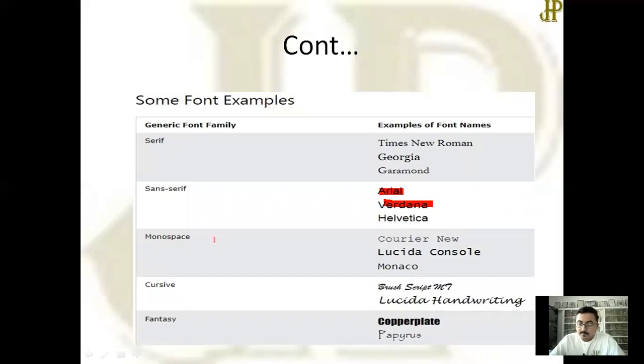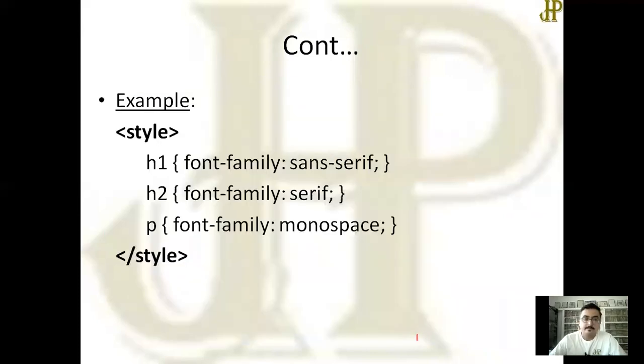Monospace, I have told you that it should look mechanical. Here you can see that it looks like a typewriter. Okay. Cursive looks like handwriting, and fantasy looks decorative or playful. So you can choose any one of them. I have given this example for you.